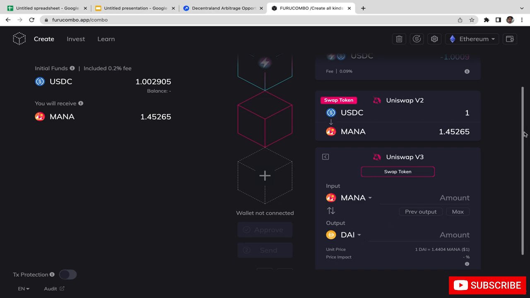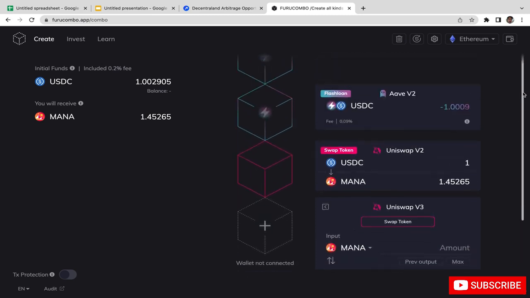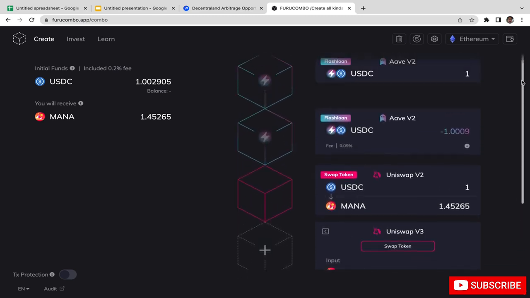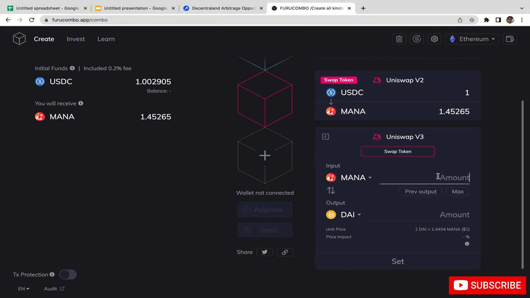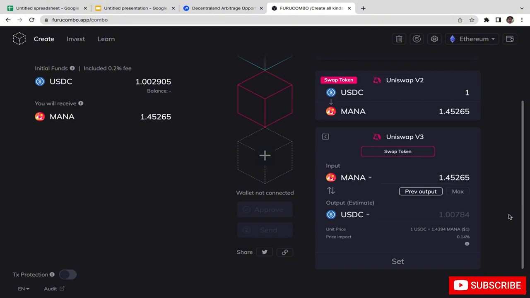Because if you're borrowing money from Aave in USDC, then you need to return it in USDC. So let's use the exact same amount that we currently have here. You don't have to copy and paste it, just click on previous output, and since we need to return it in USDC, just click on this. Okay, set.